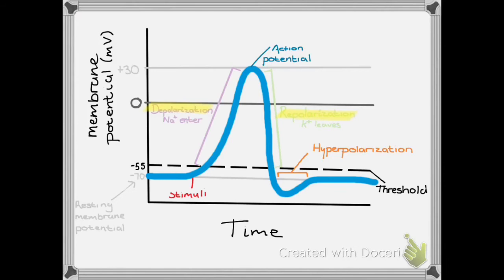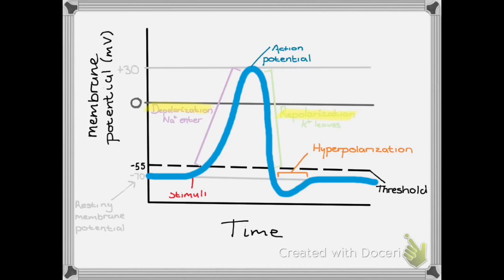But when it does, you've got your depolarization as your sodium voltage gated channels open and your sodium ions enter the nerve cell. This causes an increase in the membrane potential up to around your plus 40, which is the action potential. This then causes the sodium voltage gated ion channels to close and the potassium gated ion channels to open, causing your potassium ions to move out of the neuron and make the inside of it more positive.